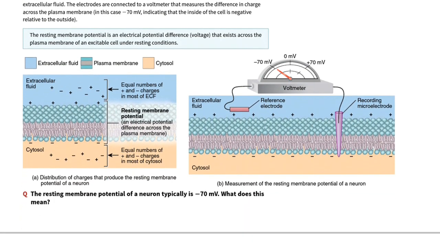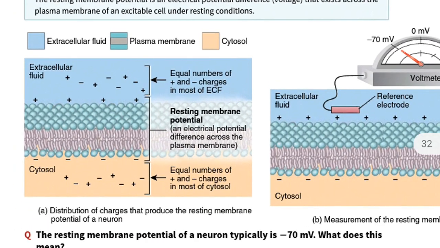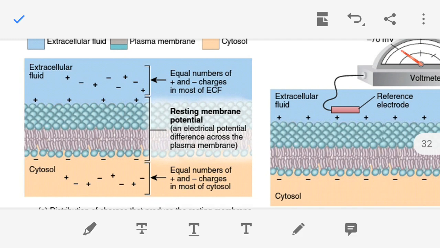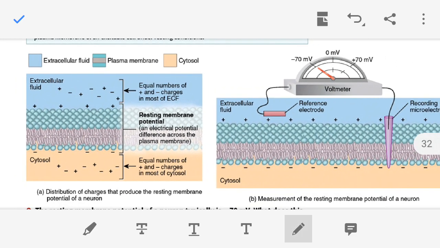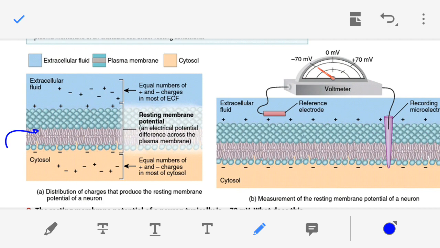Okay, and here on the left-hand side in this figure, this is the plasma membrane of the neuron. Positive charge is present on the outer surface, and negative charge on the inner surface.